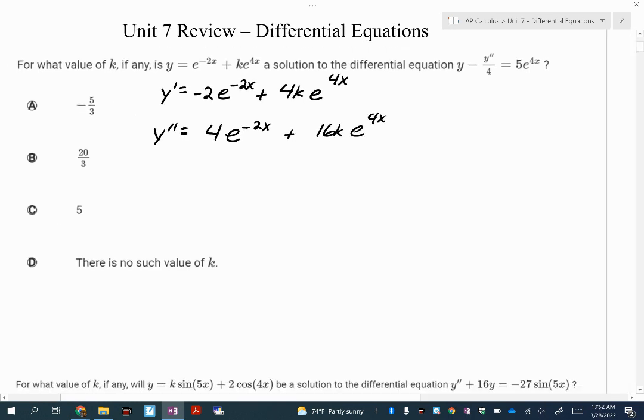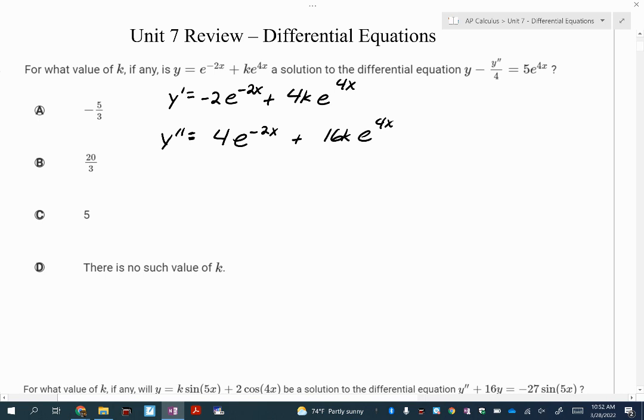Now I'm going to essentially just plug in and see if I get 5 times e to the 4x power. So I have e to the negative 2x plus k times e to the 4x, that's my y, minus y double prime, which is 4e to the negative 2x plus 16k times e to the 4x, all divided by 4.